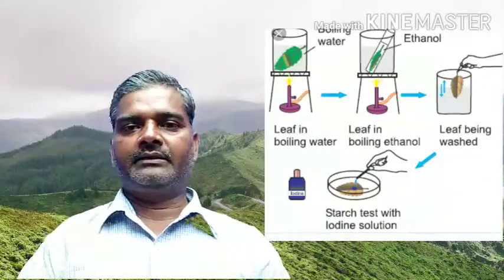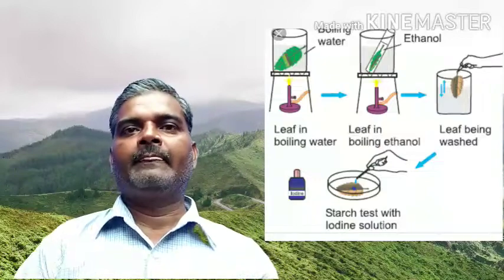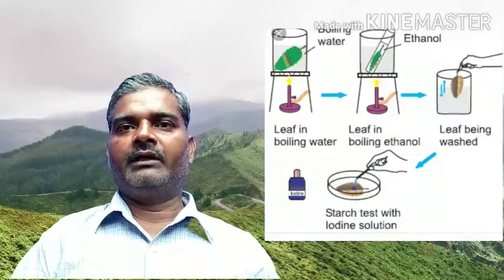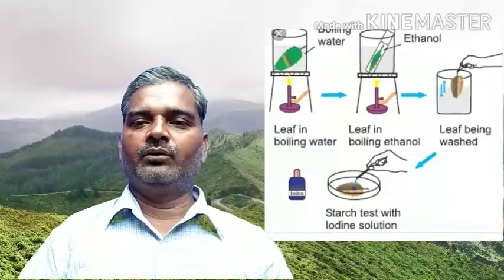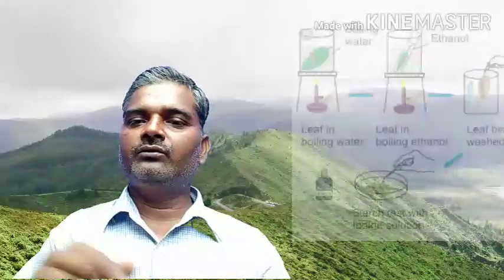After keeping it 10 minutes in hot water, as the alcohol warms, it will remove chlorophyll from the leaf and make it almost colorless.